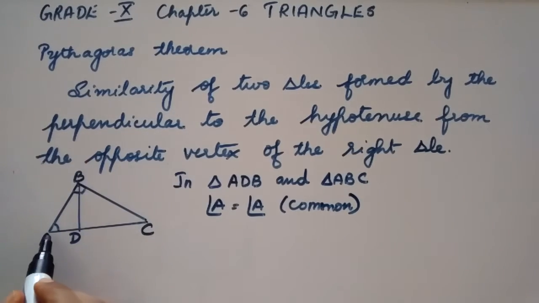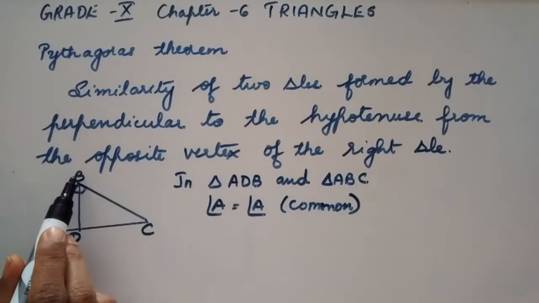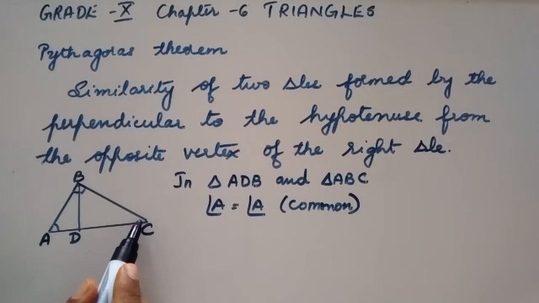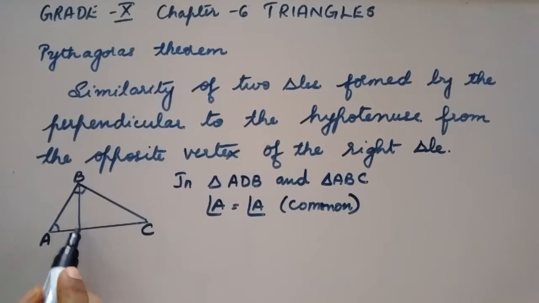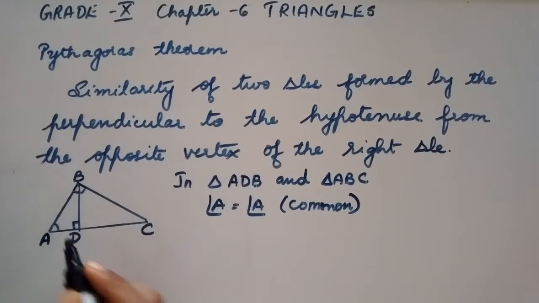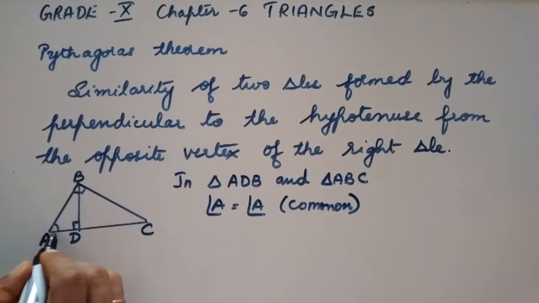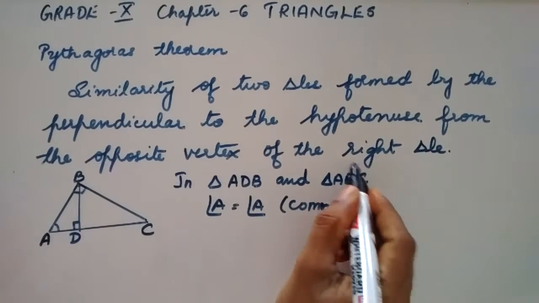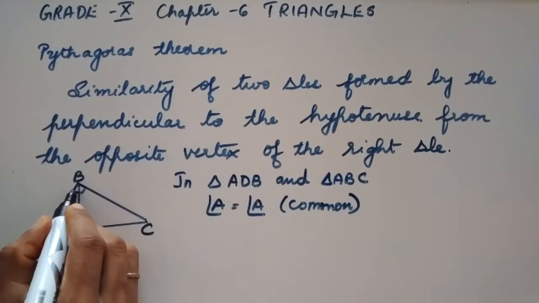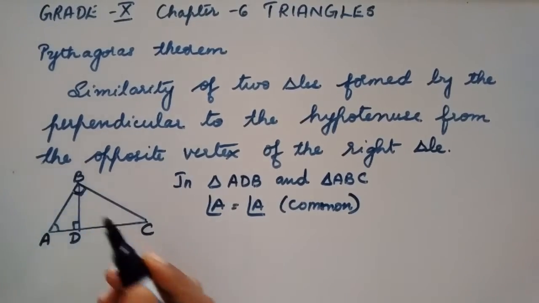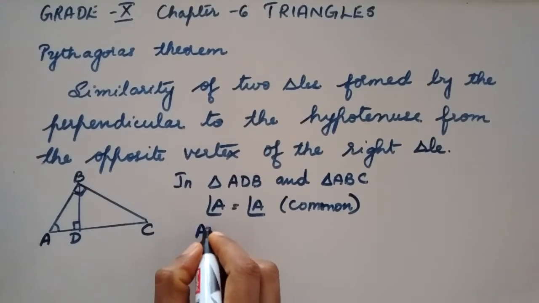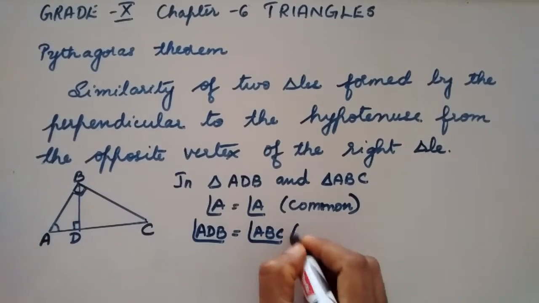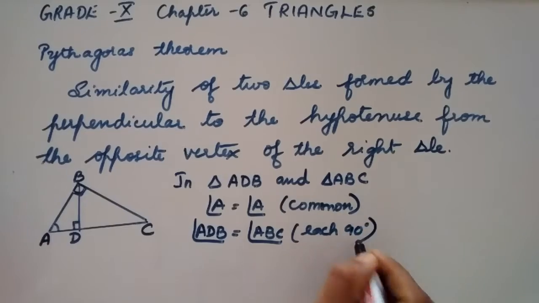And next we have angle ADB equal to angle ABC. Angle ADB is a right angle in triangle ABD. Similarly, in triangle ABC you have right angle B. So here we have angle ADB is equal to angle ABC, that is each 90 degrees.